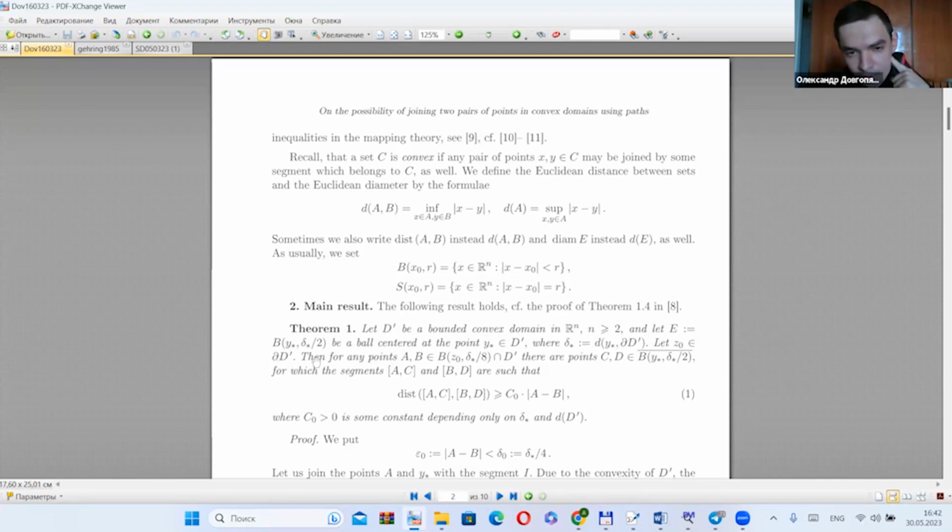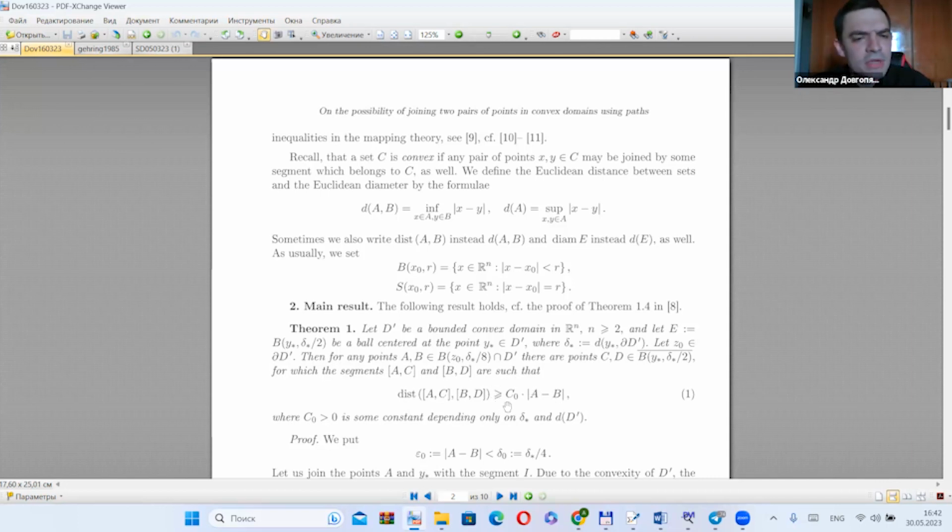In this theorem, it was proved that for any points A and B which are close enough to point Z0, we can find a constant C0 such that the distance between segments AC and BD is greater than or equal to the distance between points A and B multiplied by this constant.